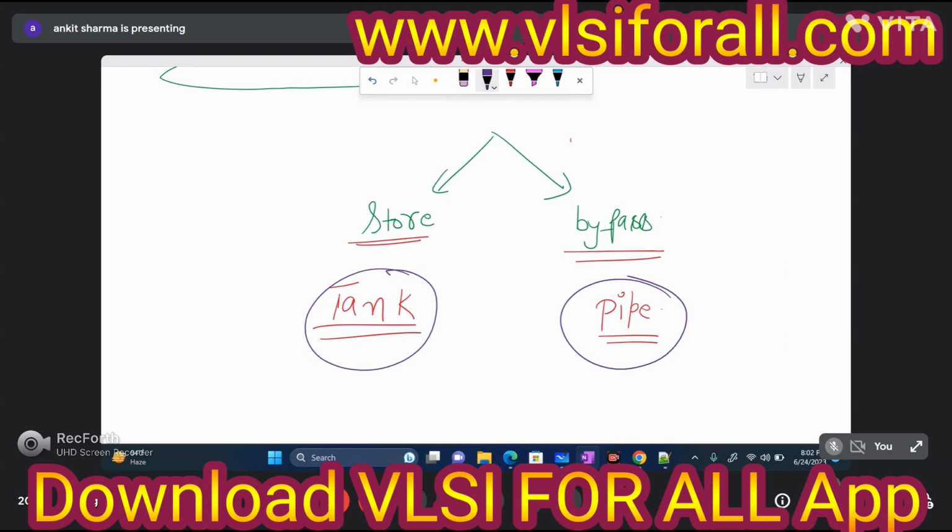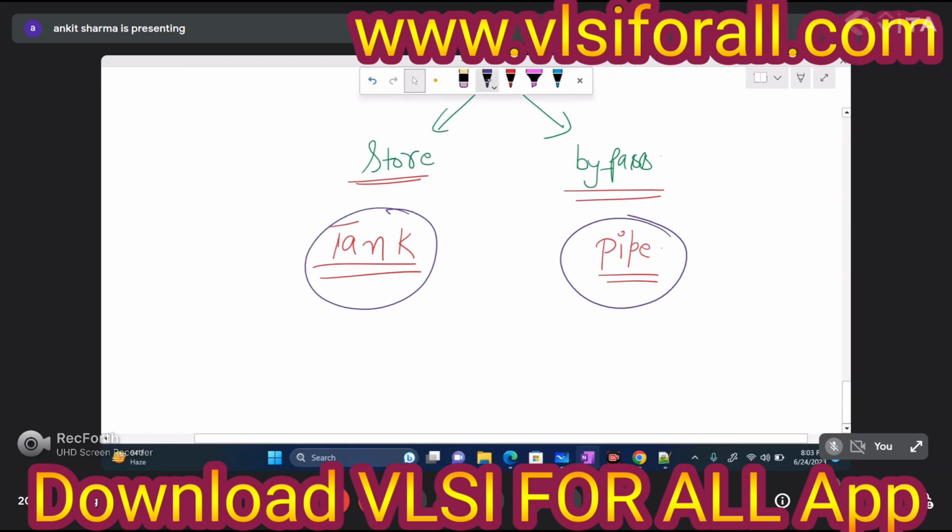Both are containers which are of liquid type. But what is the property of the tank? What is the property of the pipe? The pipe is used to bypass, and the tank is used to store. Sir, I did not get this point. Can you give a different example?